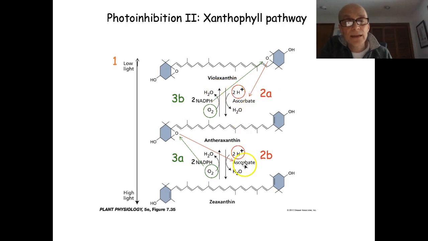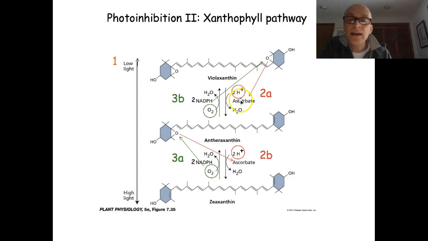So second step here and here, where we have the addition of these hydrogens, and where that oxygen, together with these two protons from the surroundings, with the help of ascorbate, is made into water. So we're plucking away these oxygens. And ascorbate is a compound that is required as a helper compound during that reaction.